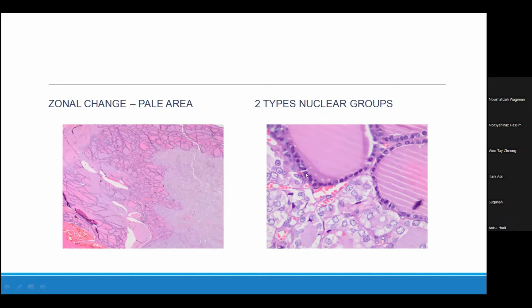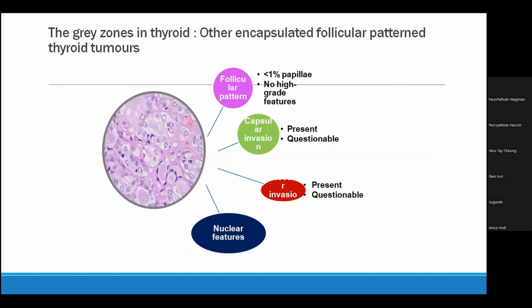And then what is this? All these are within the same nodule. So I'm sure everyone is interested in this group, the gray zones of the thyroid neoplasm, where everyone has problems with the diagnosis of follicular pattern thyroid tumors, when you call NIFTP, when you call a well-differentiated tumor and things like this.